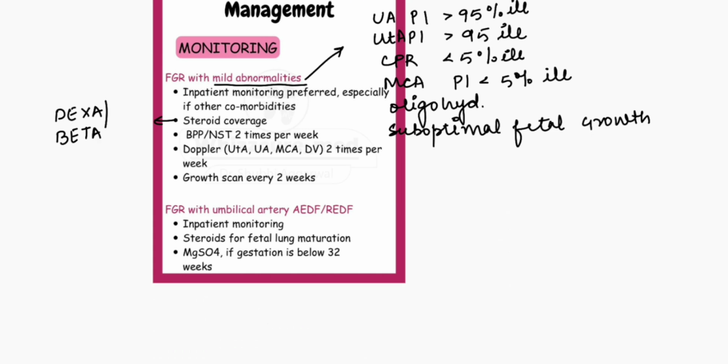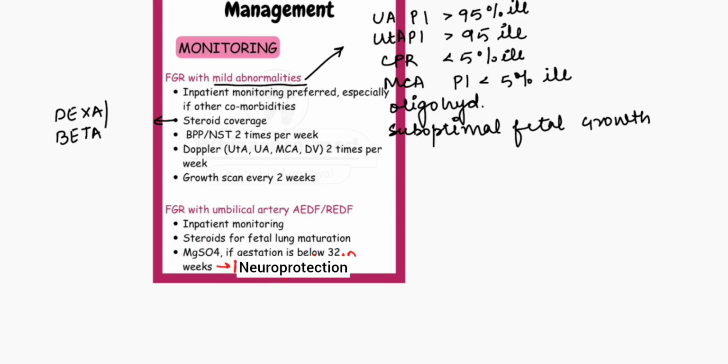Now if there is an FGR with umbilical artery either absent end diastolic flow or reversed end diastolic flow, then inpatient monitoring, steroids for fetal lung maturation and magnesium sulfate. This is given for neuroprotection.